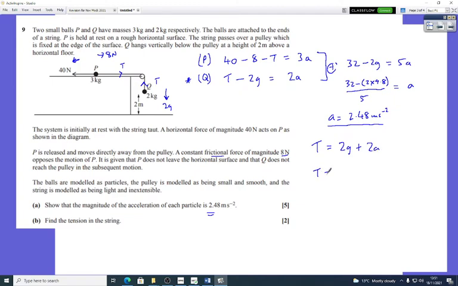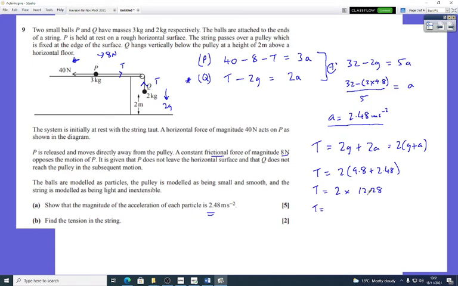Actually, I'm going to factorize it, and G is 9.8 and A is 2.48. I'm just going to write it here just in case it's confused people. And that's just 2 times, if I add that onto that, I'll get 12.28 times that.